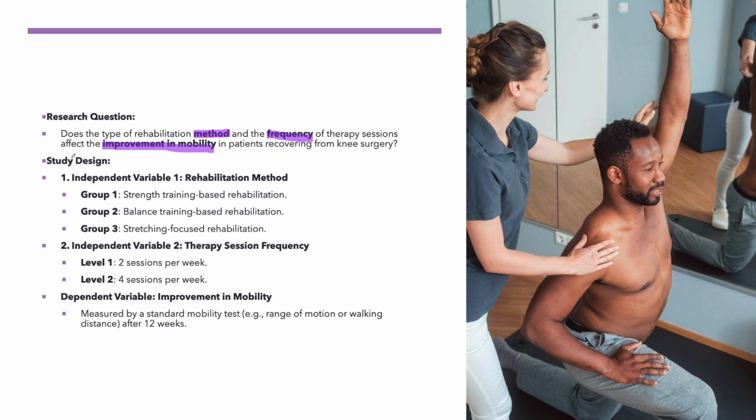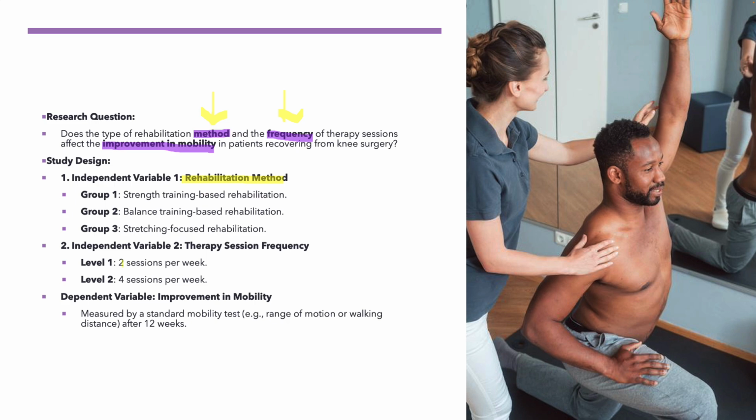So this would be my study design. We've just given you an example of what you might see. Independent variable 1, we're looking at rehabilitation method, right? This one right here. Independent variable 1, rehabilitation method, and there are 3 levels: strength training, balance training, stretch focused rehabilitation. Independent variable 2, frequency. I'm looking at therapy session frequency, and in this one I only have 2 levels, right?